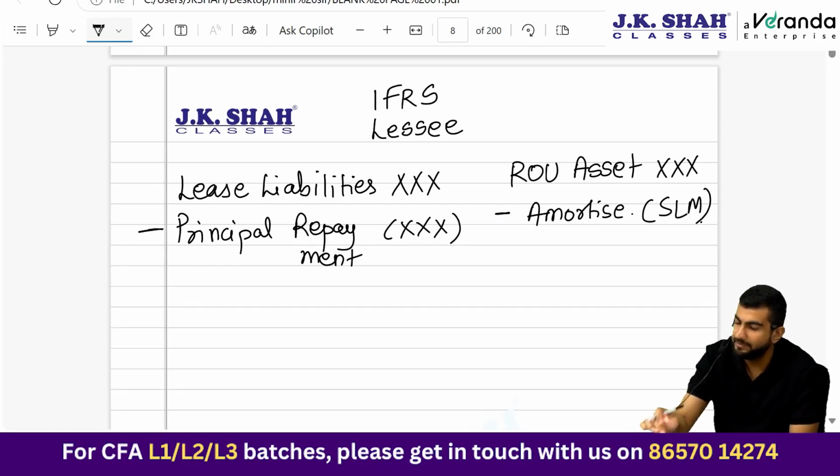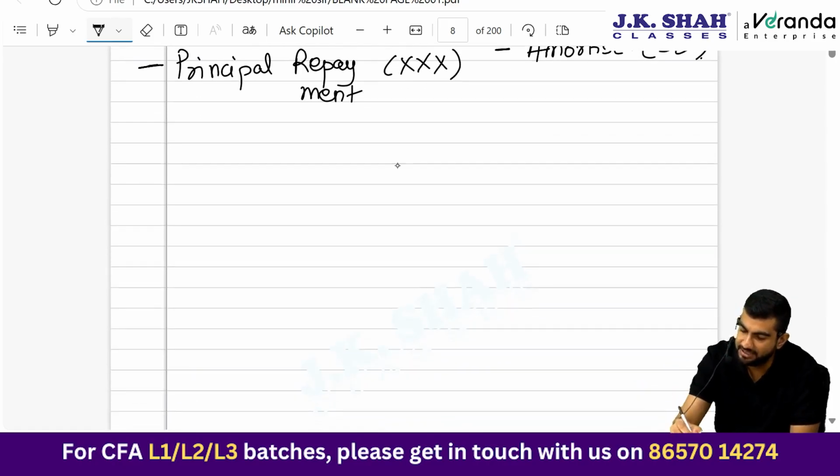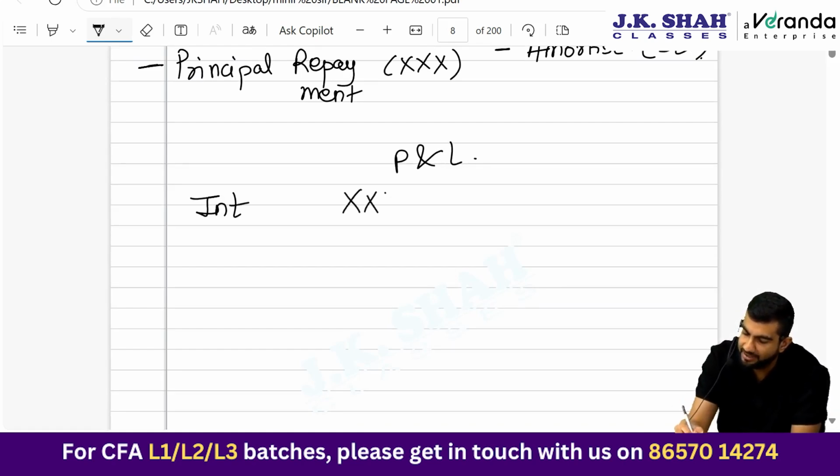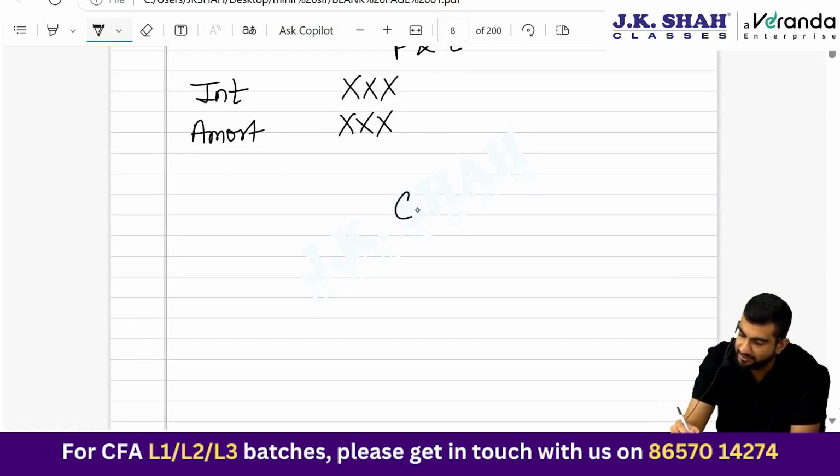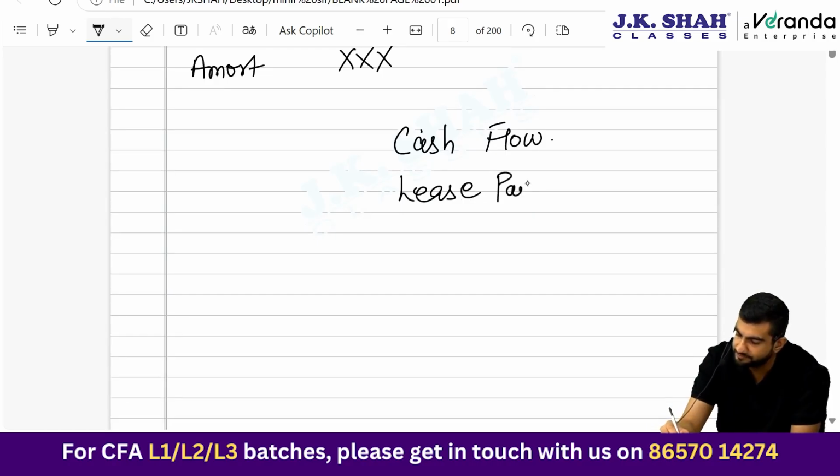Now, this was the treatment on the balance sheet. What is the income statement treatment? Interest will go in the income statement and amortization will go in the income statement. And as regards the cash flow statement, what will be the treatment? Whatever the lease amount you pay, break it up into 2 parts, principal and interest.